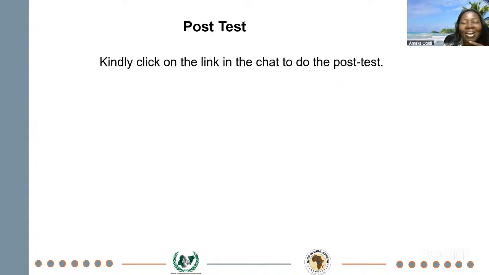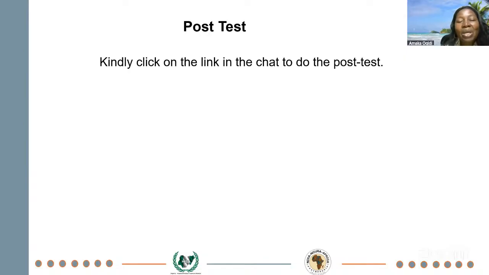Okay, so at this point, having reviewed some of these guidelines, some of these guiding principles, and the ability to identify this, I would plead, our moderator is going to put a link on the chat. Please, I will plead that you click on that link and answer just one or two of these questions to see how far you grasp what we're talking about.